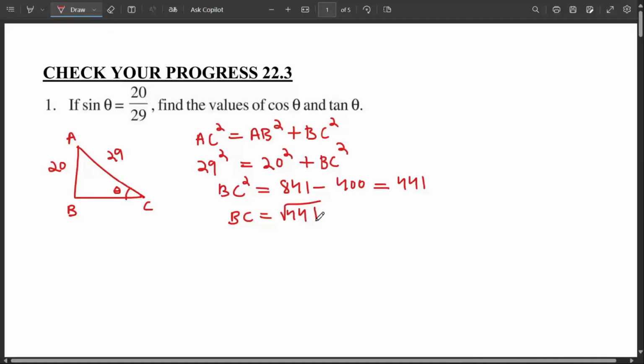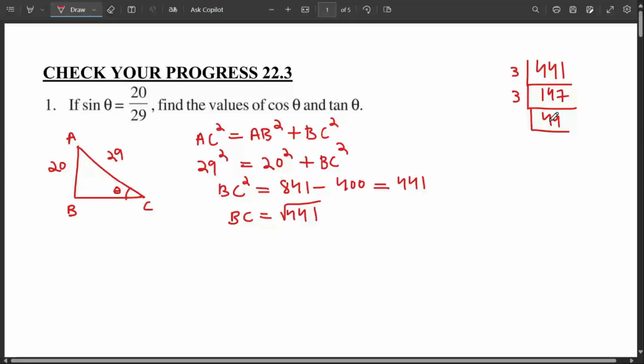To find the square root of 441, we will make use of prime factorization. 3 divides 441. 3 1s are 3, 3 4s are 12, 3 7s are 21. Again 147 is further divisible by 3. 3 4s are 12, 3 9s are 27.